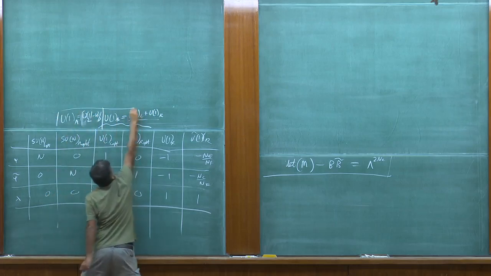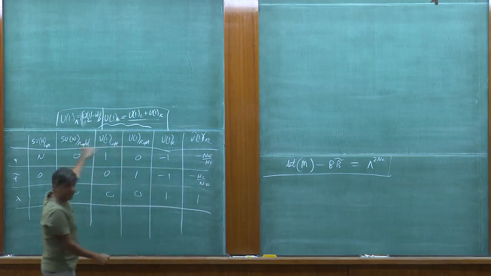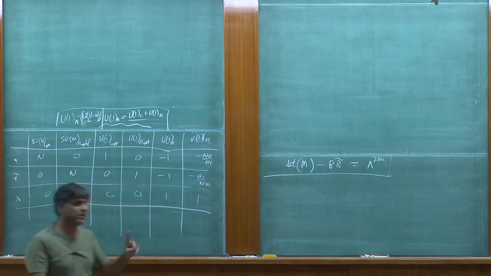So the charges under baryon number were the charges under U1 plus U1, and the charges on the axial current were U1 minus U1.